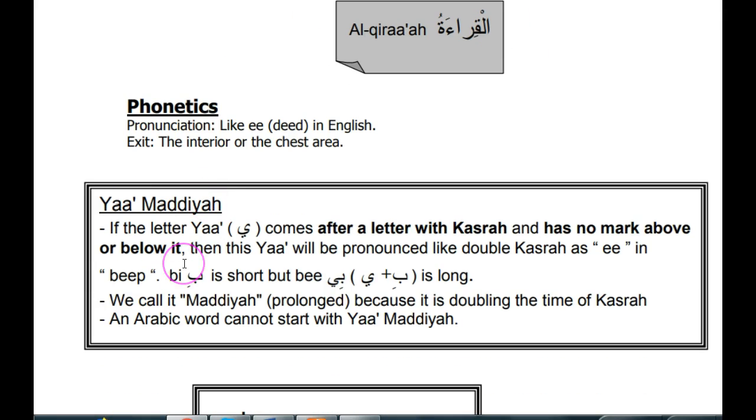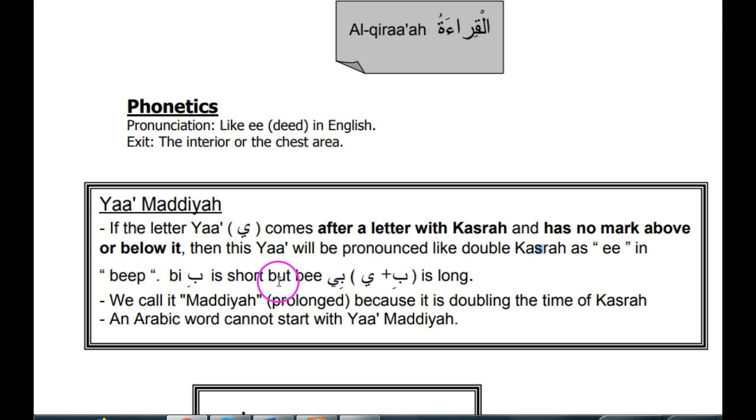Ya maddiya: if the letter ya comes after a letter with kasra and has no mark above or below it, then this ya will be pronounced like a double kasra, as E in "beep". Okay?